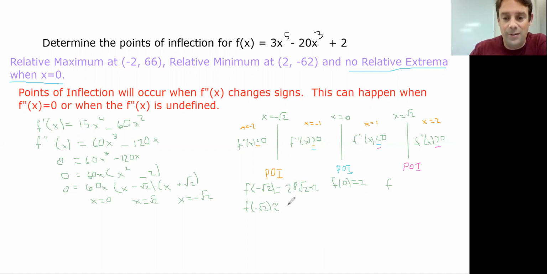So that was 41.5988. All right, and when I plugged in a positive root 2, I'm going to end up with negative 28 root 2 plus 2, which is about negative 37.598.